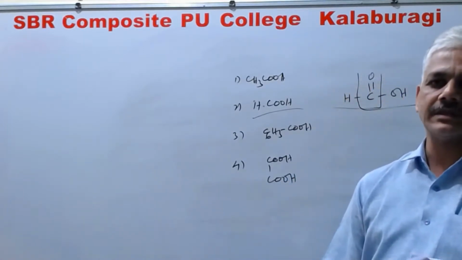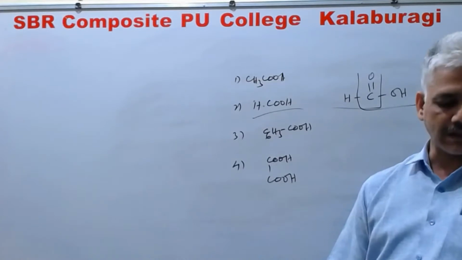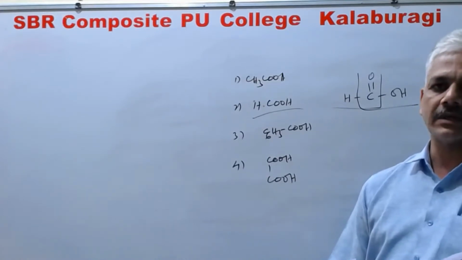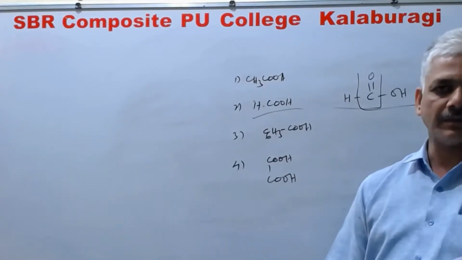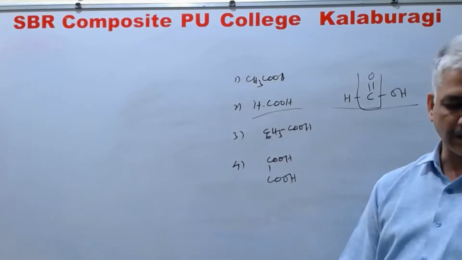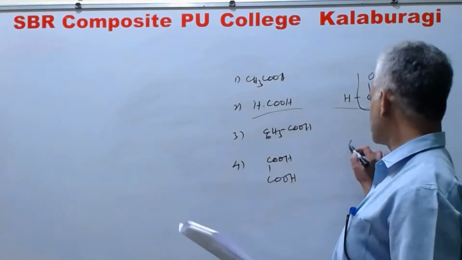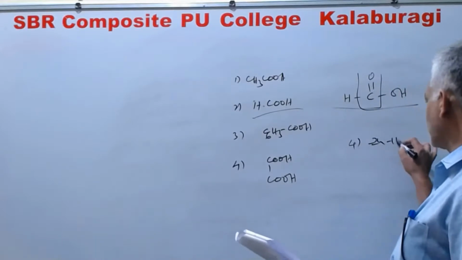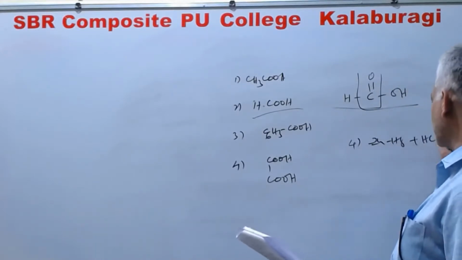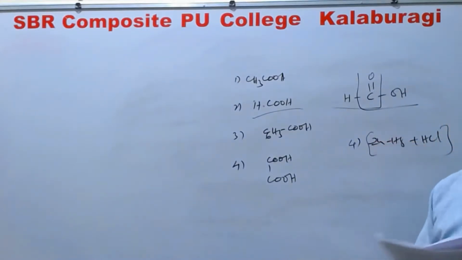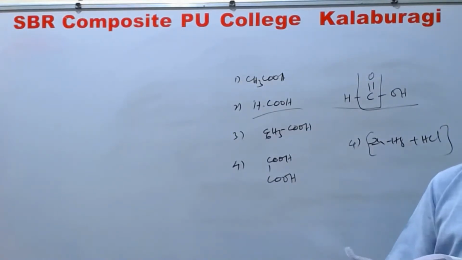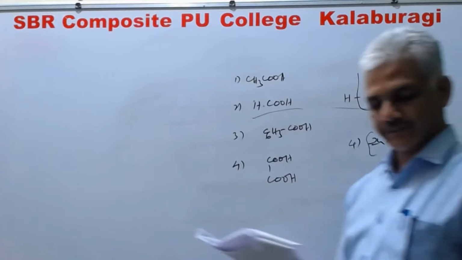Either by Clemmensen's reduction or by Wolff-Kishner reduction, carbonyl compounds can be converted into hydrocarbons or alkanes. Among the given options, the fourth option has the zinc amalgam and HCl combination. This combination is used in Clemmensen's reduction. So we can go with the fourth option.